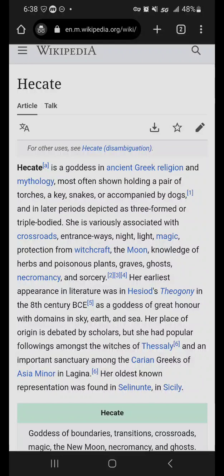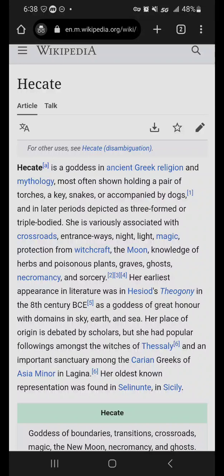So when you go to Google Images and look at pictures of this so-called Greek goddess, you'll see basically 3 bodies all in one. But that was in later depictions. The original depiction was a woman with 7 horns in her head carrying a torch, man, just like the Statue of Liberty, man. She is variously associated with crossroads, entranceways.